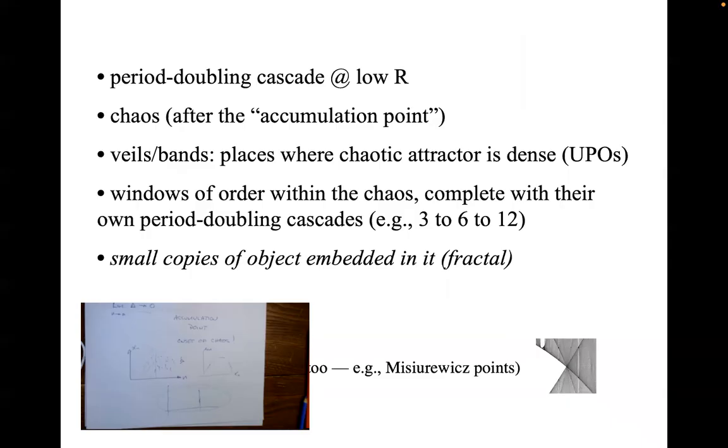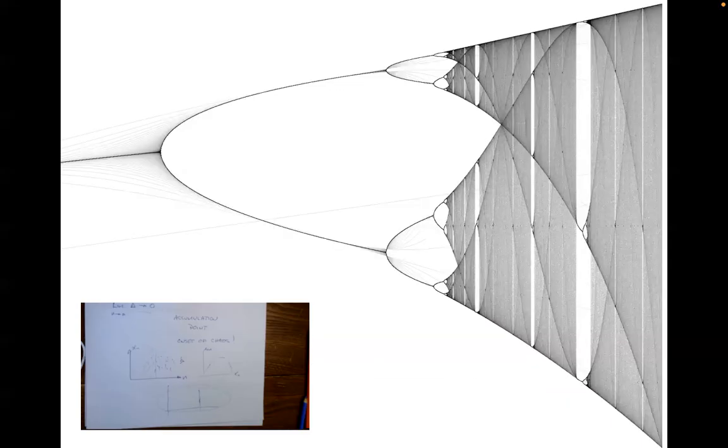I'm sure that most of you, if not all of you, when I put up this picture, noticed these veils right here. There are all sorts of veils in the structure. What's going on here? Remember I said that in some places the fuzz is dense. This is the place where the attractor is really dense.